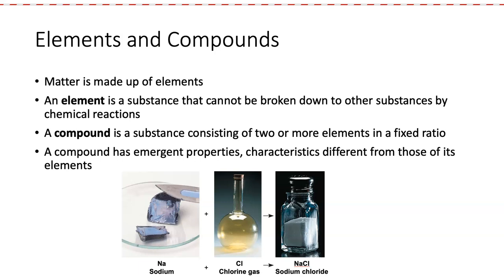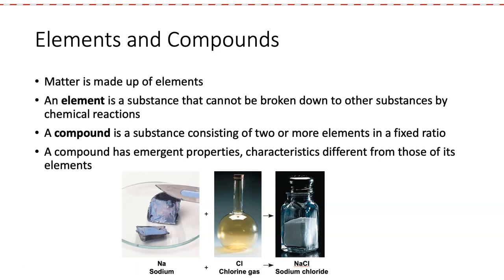A compound is a substance that has two or more elements together in a fixed ratio. When elements interact in this fixed ratio to form compounds, those compounds have emergent properties. Emergent properties just means that they have properties that the original elements did not have. They're different from those elements.